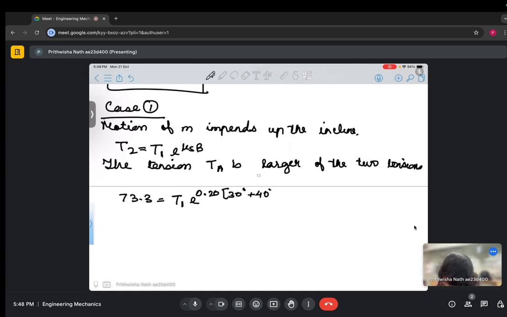If we solve this, we will get T1 as 57.4 Newton.